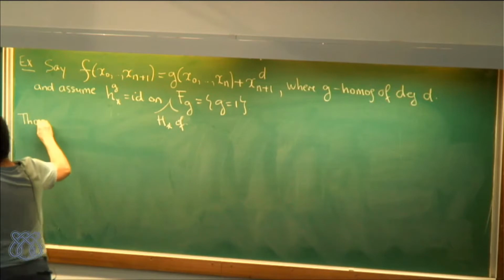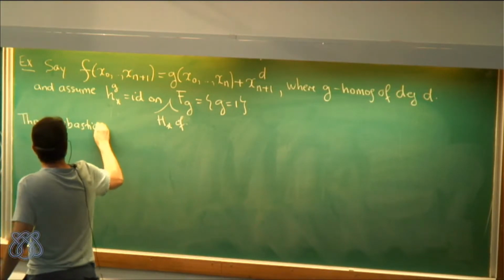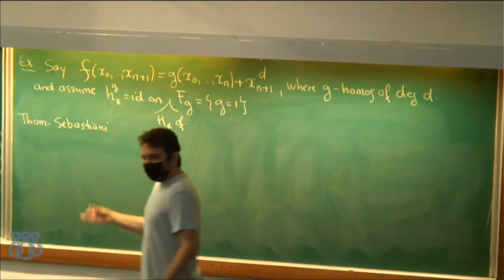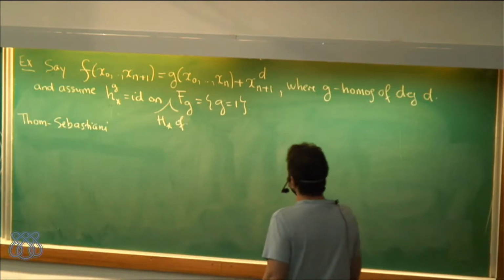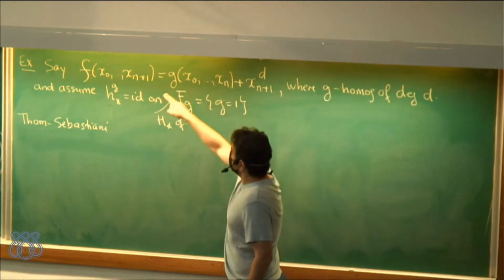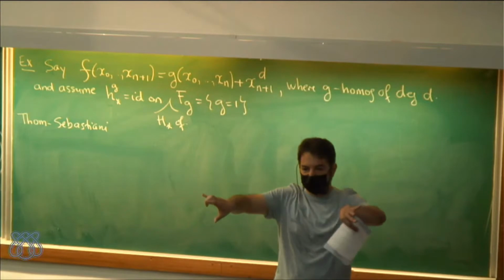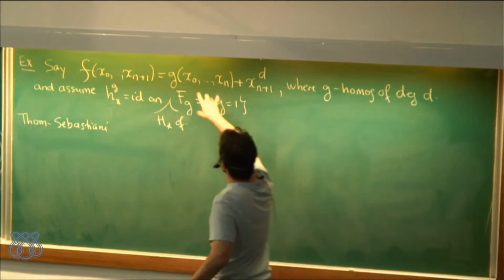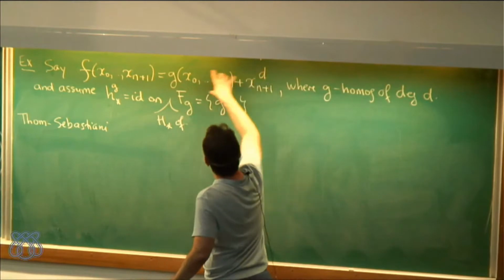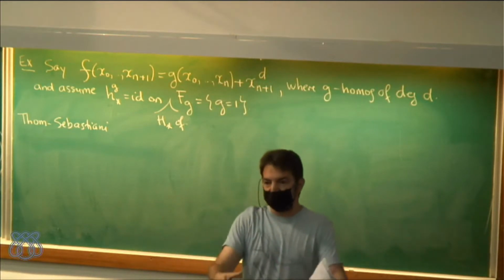All right, so Thom-Sebastiani gives us a way of computing Milnor monodromy for polynomials which can be split like this into a sum of polynomials in different sets of variables. So what you do, you calculate the Milnor monodromies for each of these summands, and then there is a way of concatenating them.